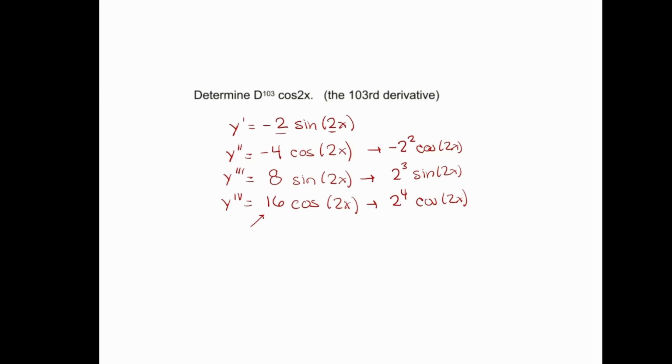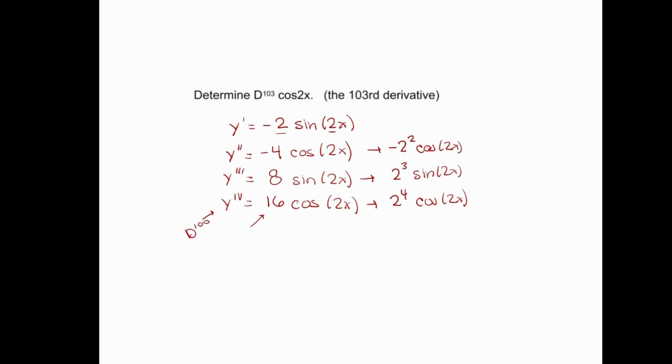So now we're going to look within this pattern for our 103rd derivative. So again, the pattern is based on a pattern of 4. 103 is not divisible by 4, but 100 is. So we know that this would be D100.